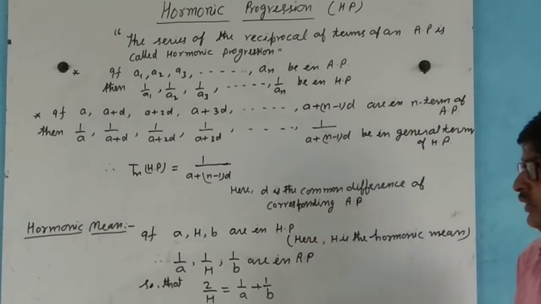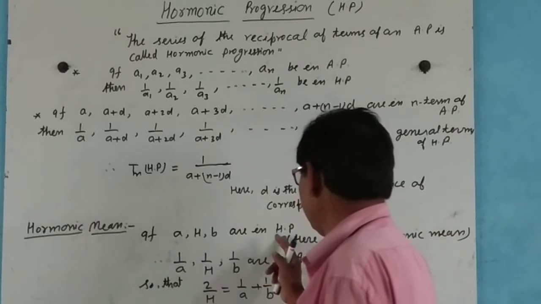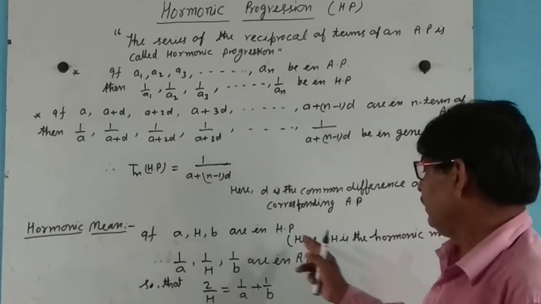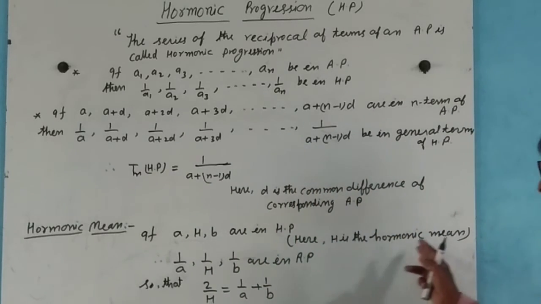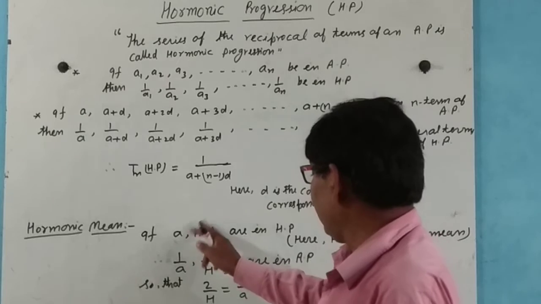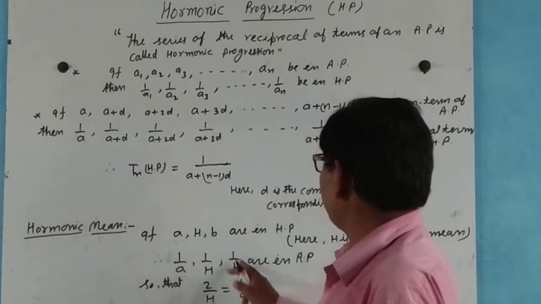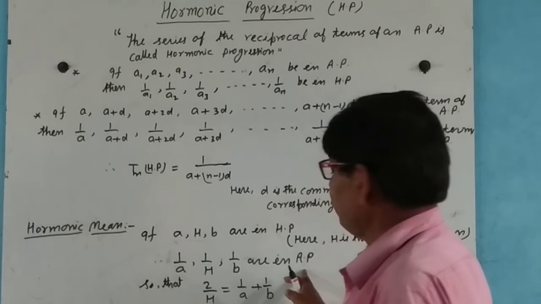Now harmonic mean: if A, H, B are in HP, where H is the harmonic mean, it means that the reciprocals 1 by A, 1 by H, 1 by B are in AP.